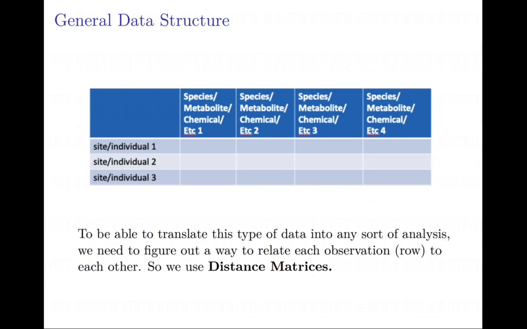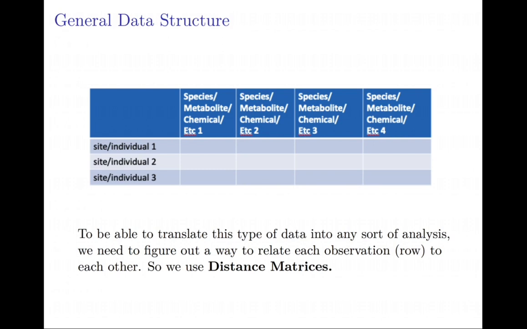So just to remind you what your general data structure should look like, you're going to want to have your data set up so you have your individual samples or your observations as rows, and your species or metabolites or chemicals or whatever your unit is as columns.